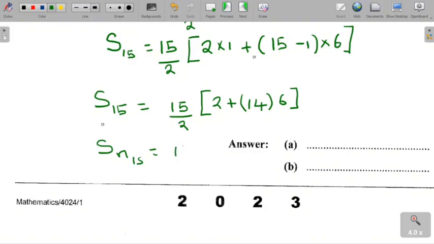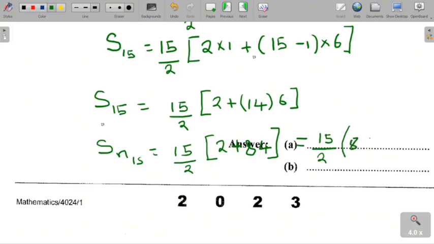We can say 15 over 2, then we write 2 plus 6 times 14. 6 times 4 is 24, we write 4, carry 2. 6 times 1 is 6, plus that 2, it's 8. So 6 times 14, you get 84. Then we close. Then I'll proceed where I'll say 15 over 2, then 84 plus 2, you're going to get 86.